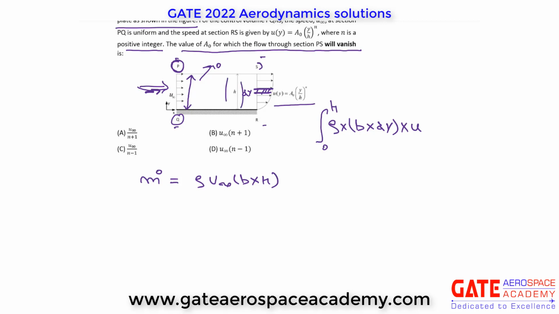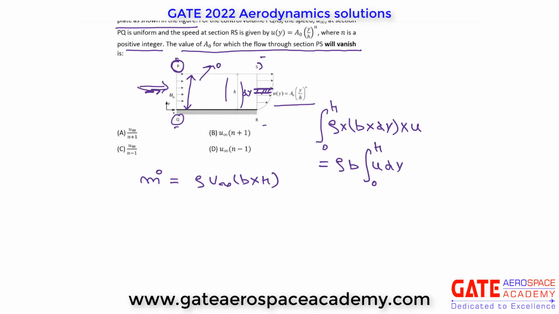Right? So this mass flow rate is equal to rho, we can take common because it is incompressible. So rho is constant, b is also constant, width perpendicular to this screen. Correct? Integration u dy, 0 to h. Correct?